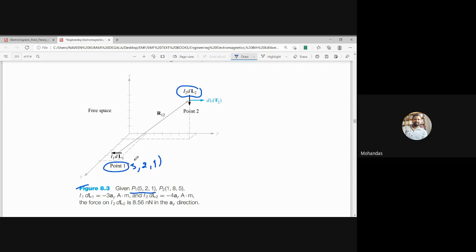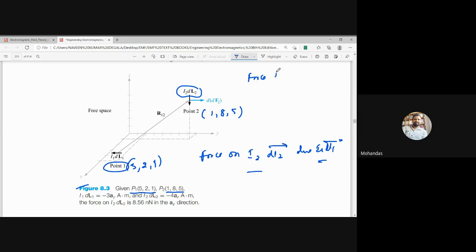Now he is asking about the force on I2 DL2 due to which one? I1 DL1. We have already solved this derivation. What is the derivation? Force between two current loops.